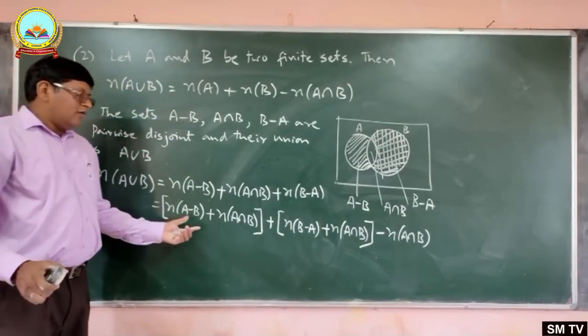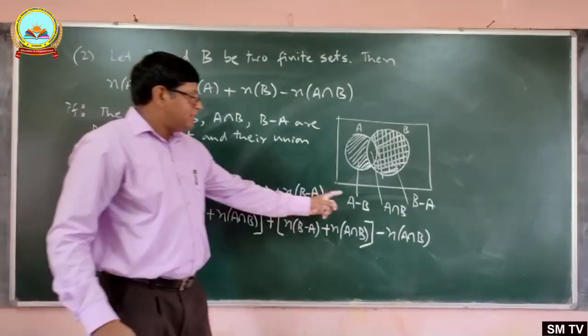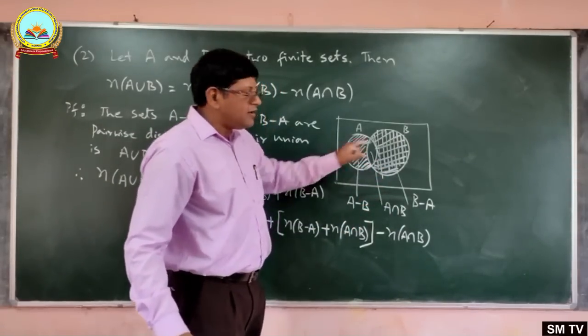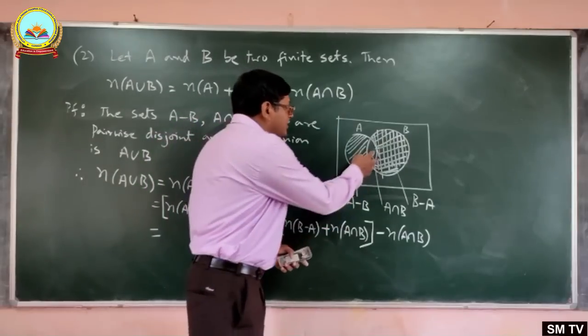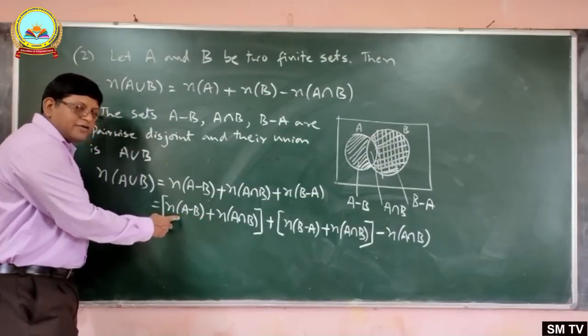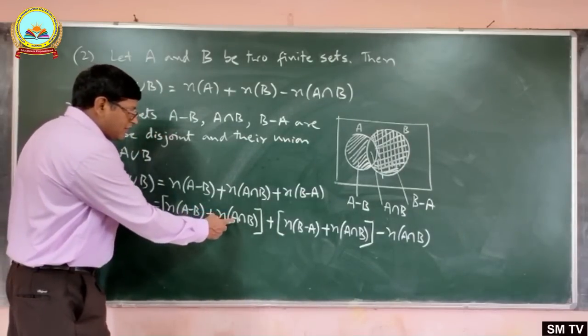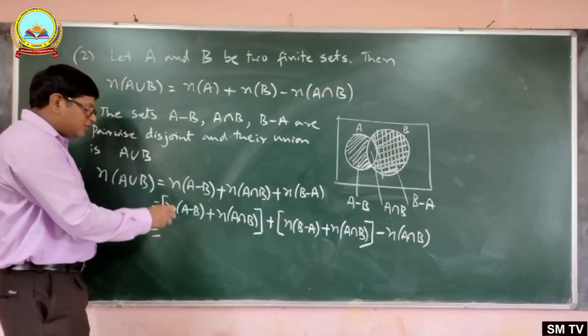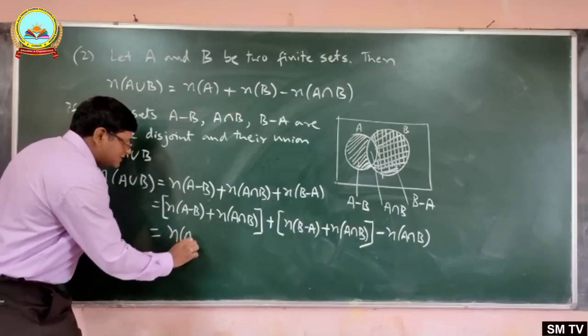Now you just observe here the sets A minus B and A intersection B. These two sets are disjoint sets, and their union is the set A. Therefore, the sum of the number of elements in A minus B and number of elements in A intersection B must be equal to number of elements in set A, right?